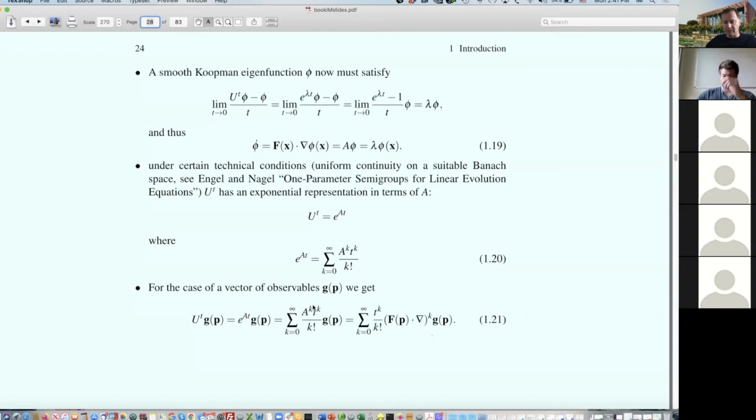You have an operator, actually a power of the operator. So let's pull t to the k up front, divide by k factorial, and then we have f of p dot grad to the kth power.